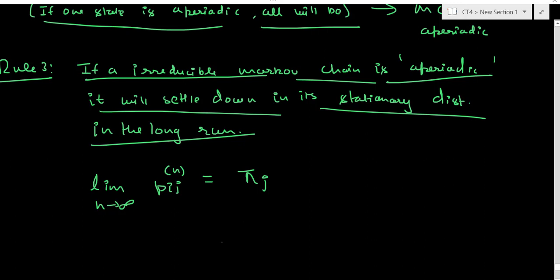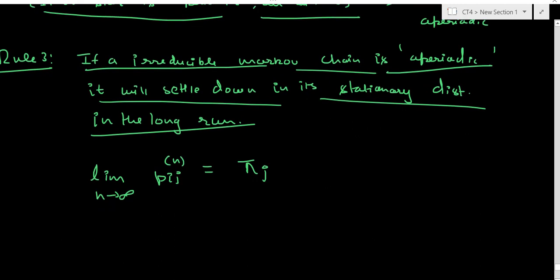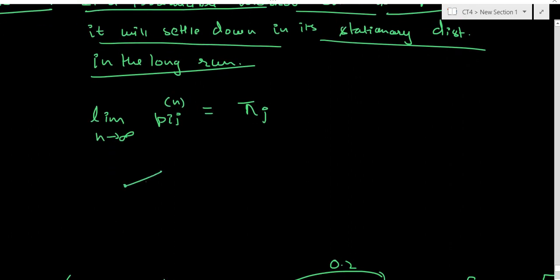So what I can conclude from here is that if you have a Markov chain, you can draw this diagram. A Markov chain can either have a finite state space, let's call it finite S, or it can have an infinite state space.